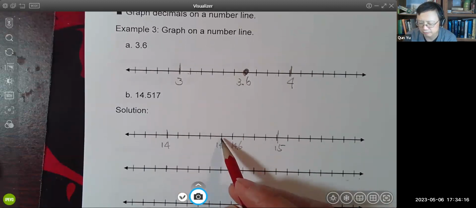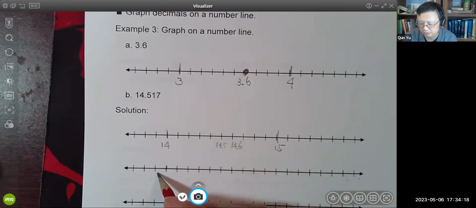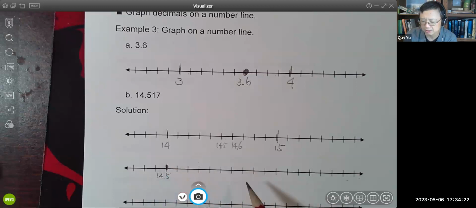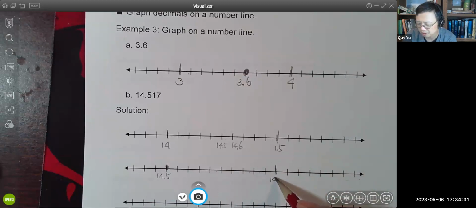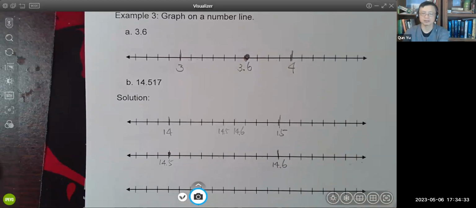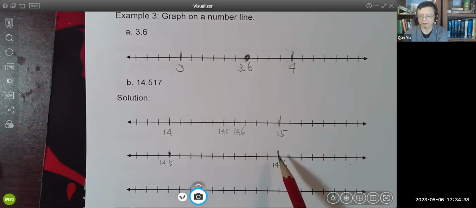We start with 14.5. Let's suppose this point is 14.5 here. Now we need another 10 units in between. 1, 2, 3, 4, 5, 6, 7, 8, 9, 10. So this one is going to be 14.6. Make sense? So our number is in between 14.5 and 14.6.